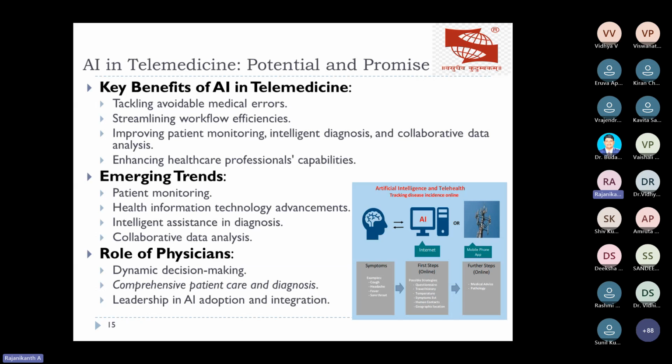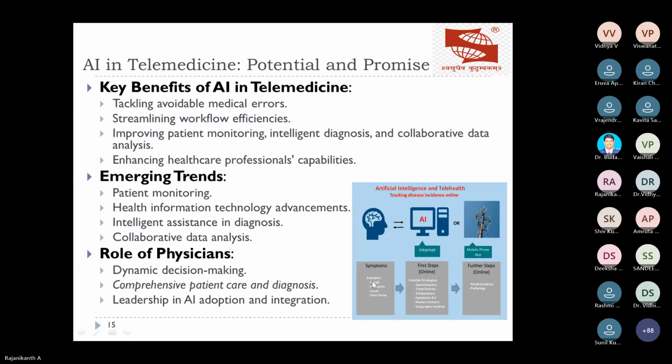Okay, so looking at the apps, you can see how this AI is going to interfere in between. AI always gets the input, means it understands the symptoms, and correlating between the symptoms, it comes to a decision.